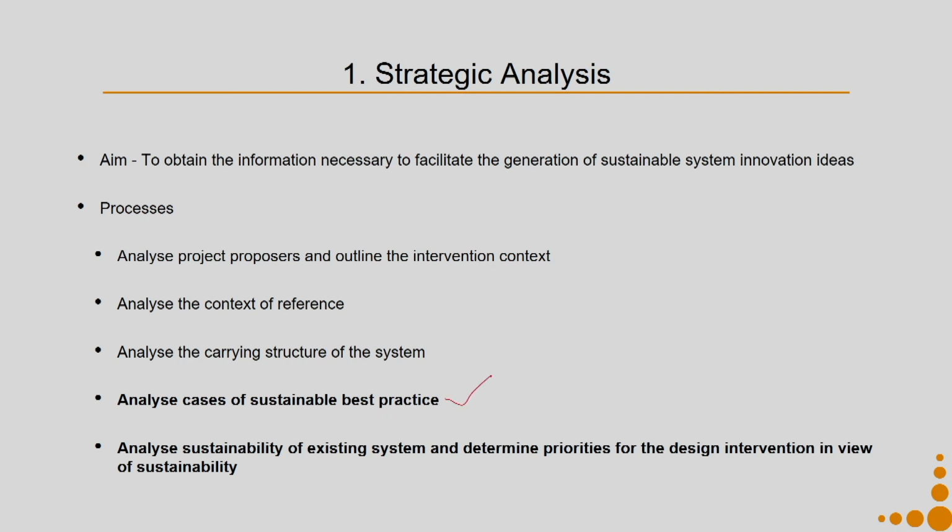In case I do not have anything for the step analyze cases of sustainable best practice, say nobody has done anything in that particular field, which is also a possibility, then I can avoid that particular step.